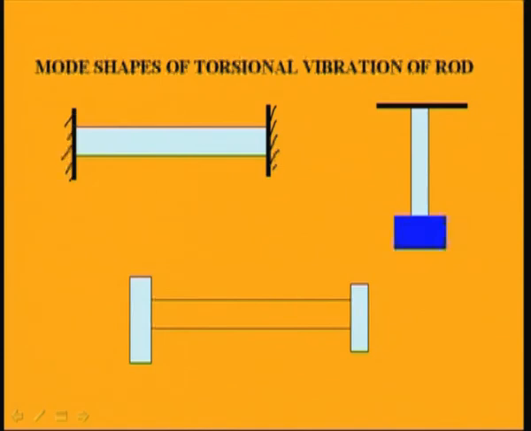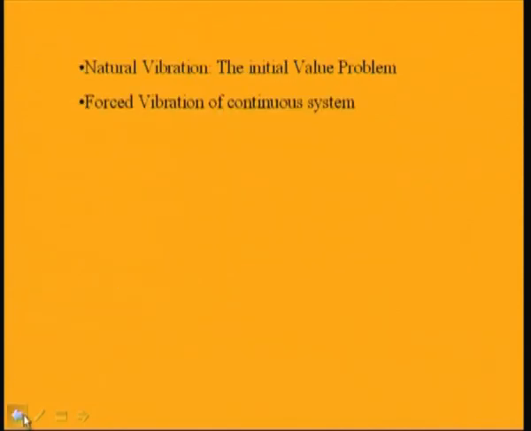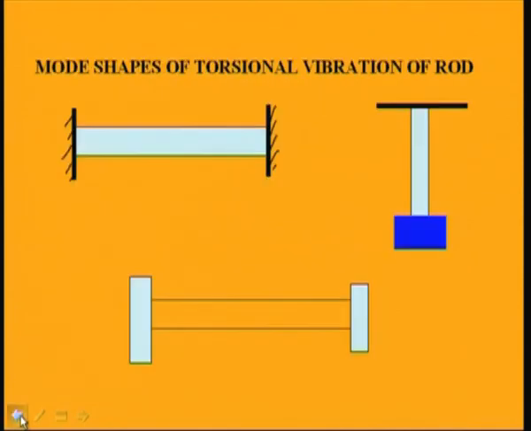With increasing complexity of the system, when you add only one mass or only two masses, the frequency equations get complicated and you cannot solve them manually. You have to use a computer to find the solution for these systems.